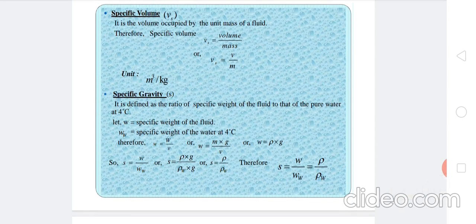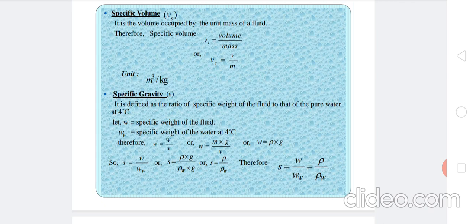Specific volume, Vs. It is the volume occupied by the unit mass of a fluid. Specific volume Vs equals volume by mass, therefore Vs equals V by M. The unit of specific volume is meter cube per kg.